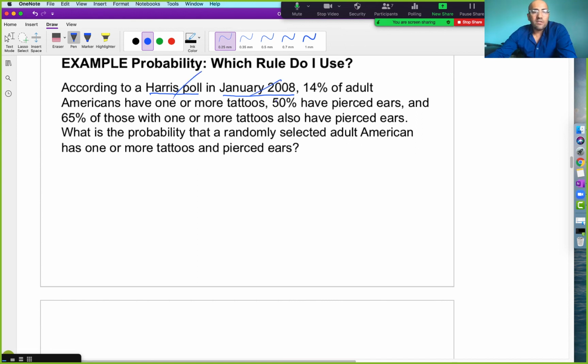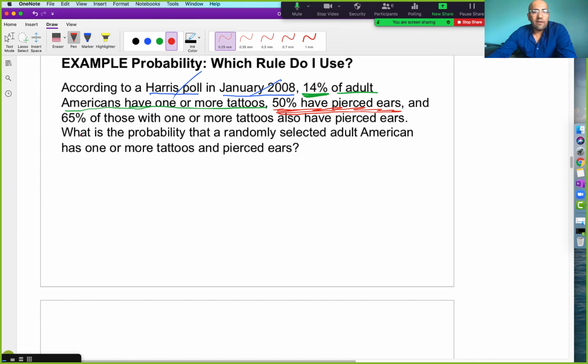Okay, now 14% of adult Americans have one or more tattoos, right? So that's one piece of information. Let's highlight it. 14% of adult Americans have one or more tattoos. That's that. 50% have pierced ears. Okay.